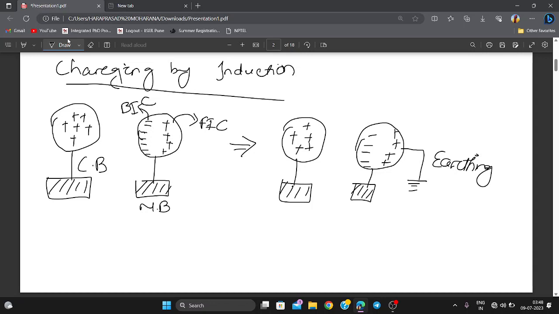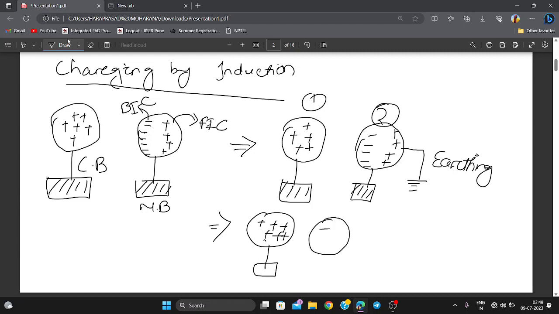These positive charges go into the earth, and only negative charges remain in the second body. This is the first body, this is the second body. The first is positively charged, and the second becomes negatively charged. Both are oppositely charged. Okay, do you understand?